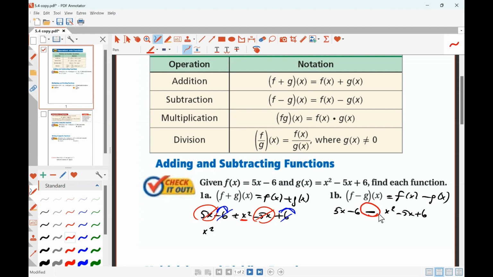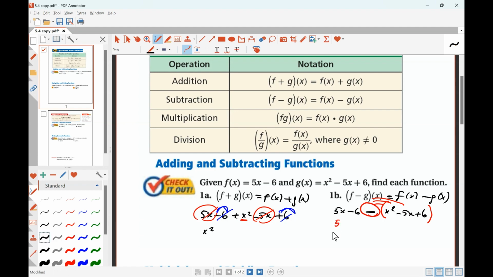So that belongs to every single term in the second function. So it is not just belonging to x squared, it also belongs to negative 5x and 6. So we have to make sure that we are using parentheses for the second function when there is a minus in front. So you distribute the minus and get rid of the parentheses.